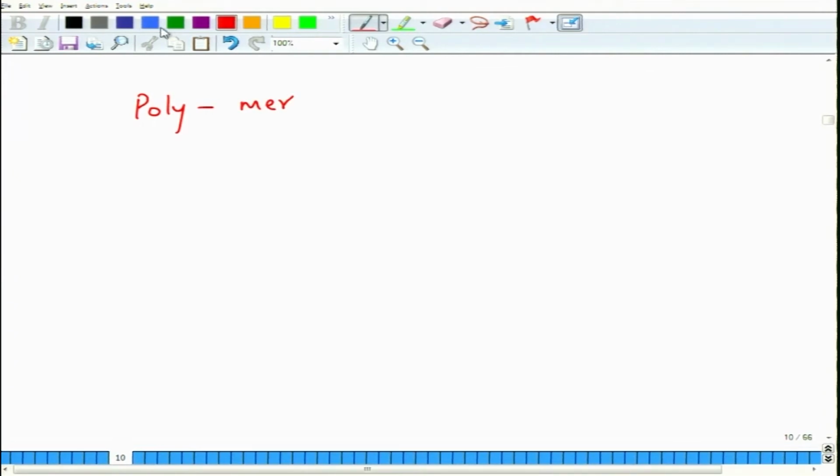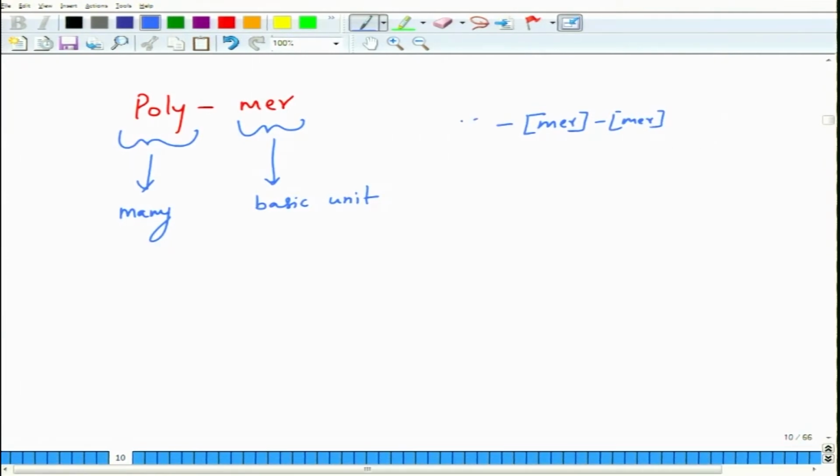If you look at the name polymer, poly means many and mer means a basic unit which gets repeated. So, one mer is attached to another mer, is attached to another mer, and this process goes on for thousands of units, and they make a chain.